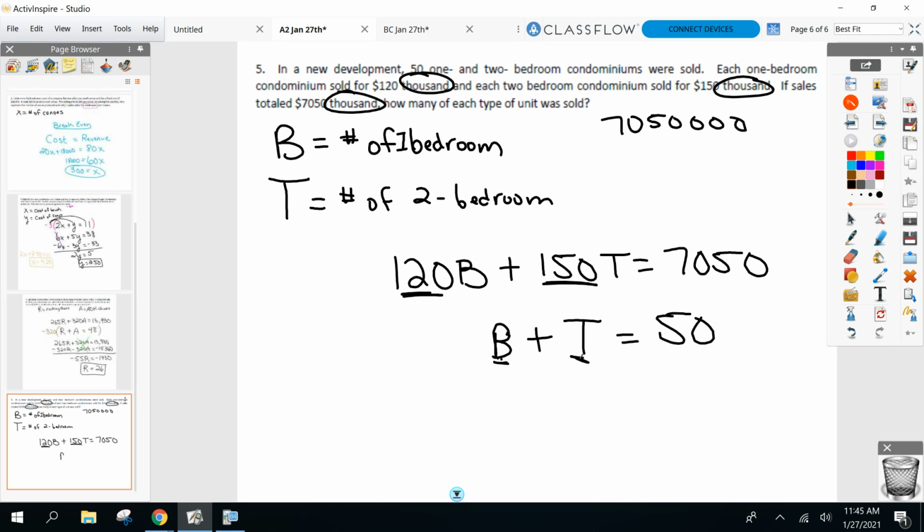All right, guys, go ahead. Get practice right now. I would strongly recommend multiplying this second equation by something to eliminate the T's or the B's. That's up to you.